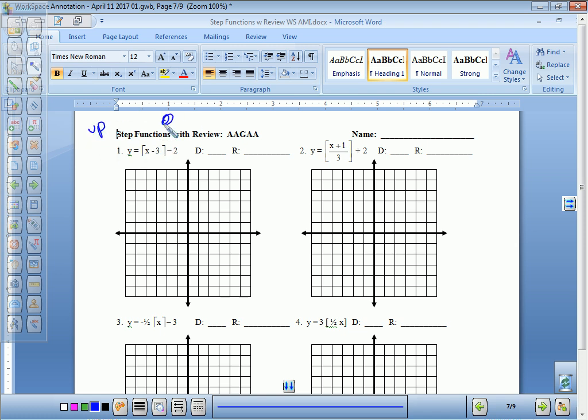So up starts with the closed and goes this way to the open. So, transforming this. Where does the closed go? Right 3, down 2. Good. 3, negative 2, that's where the closed is.